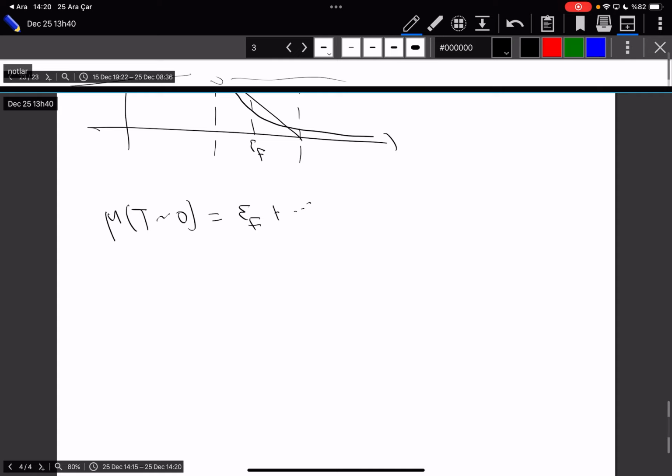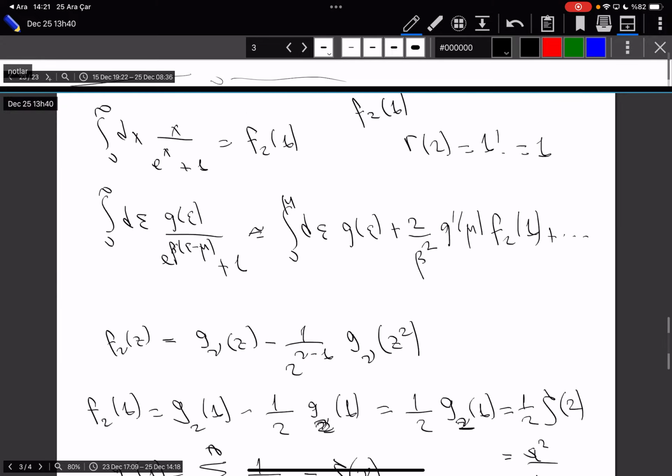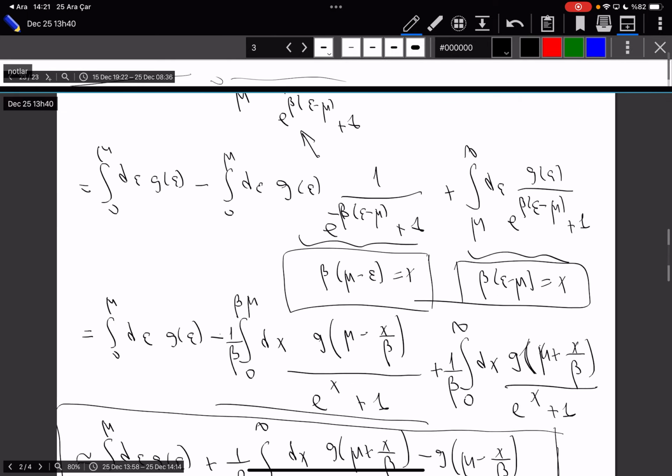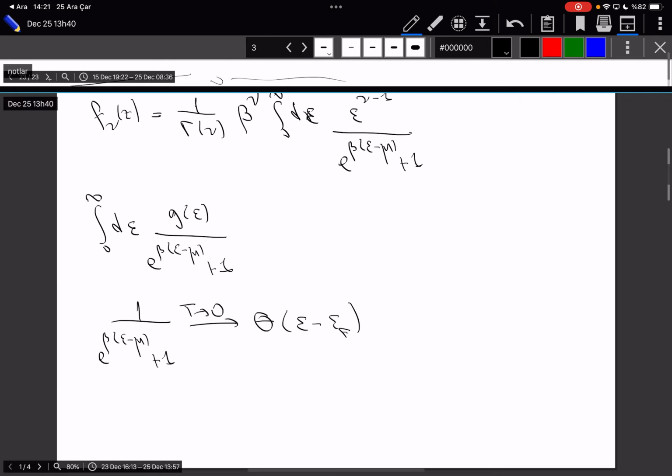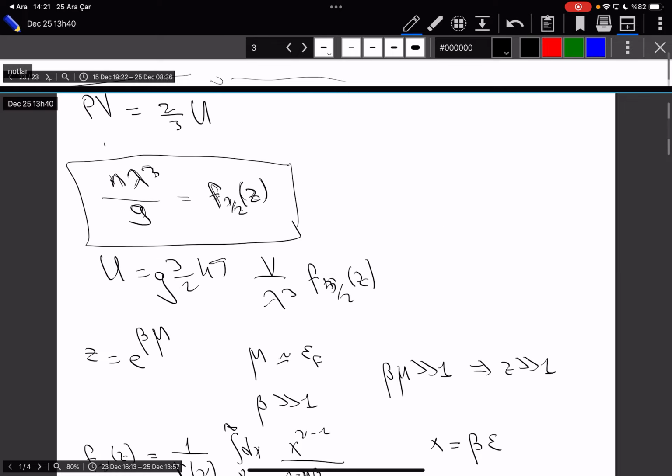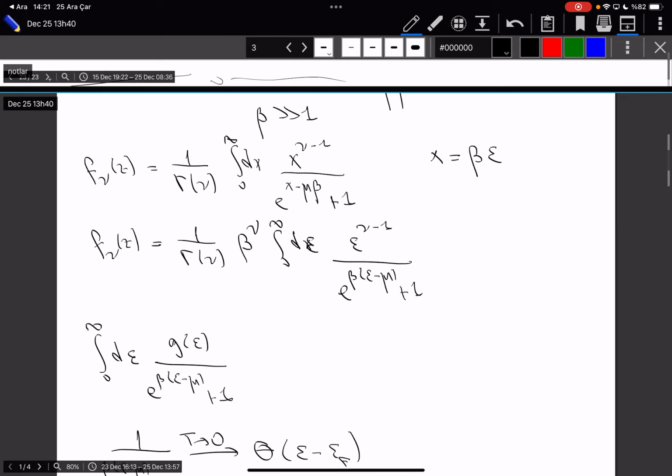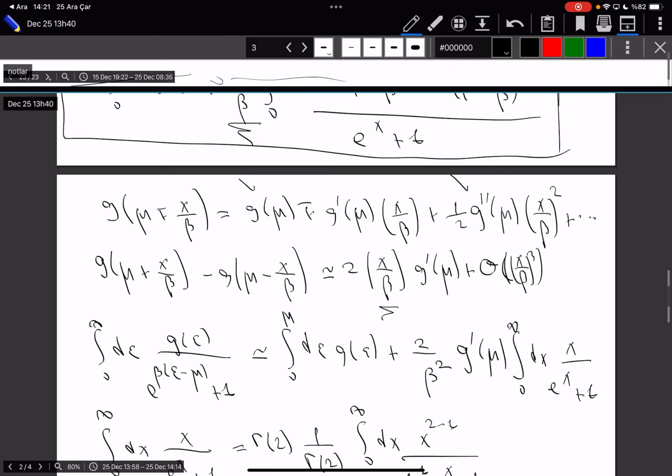To calculate that, we know how z is related to temperature and density: n lambda cubed over g is f3 over 2 of z. Now, this f3 over 2 of z, we had already written in a slightly different form.